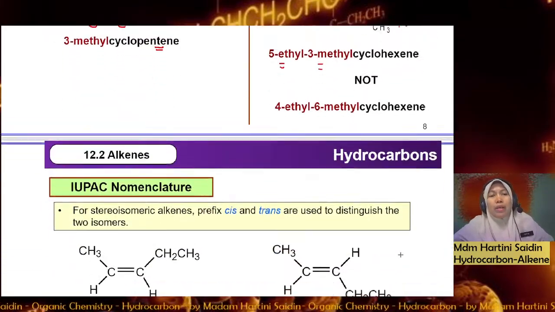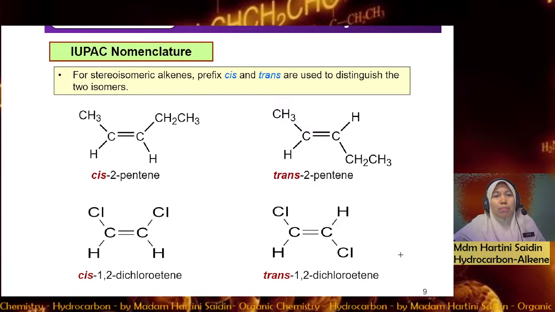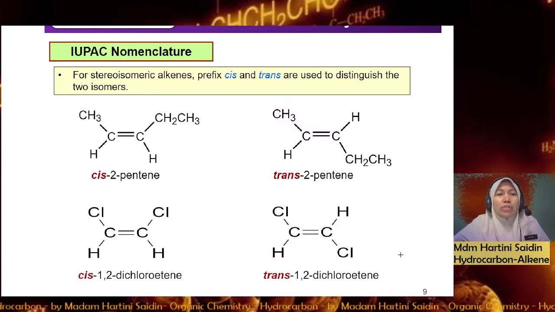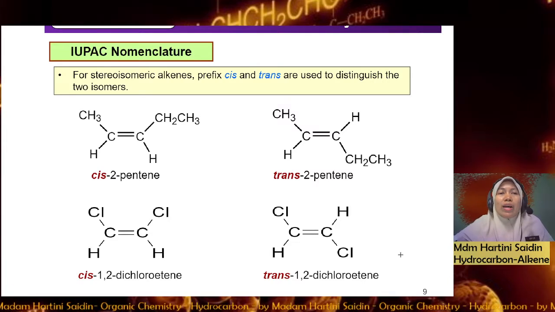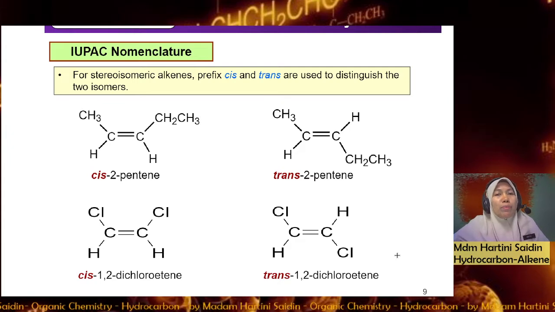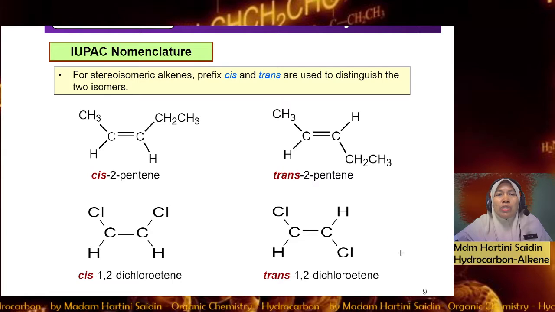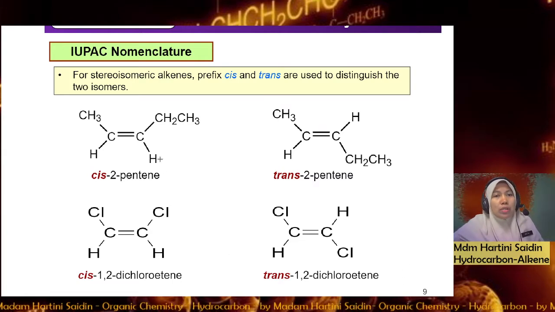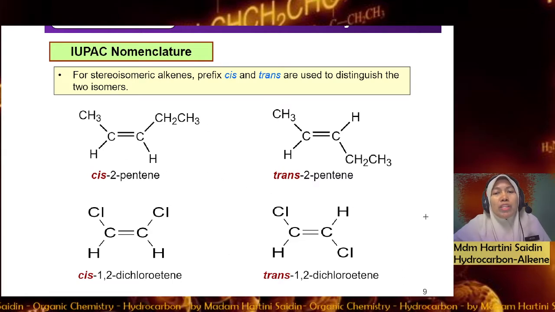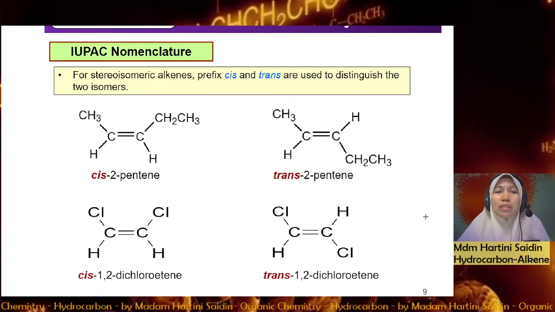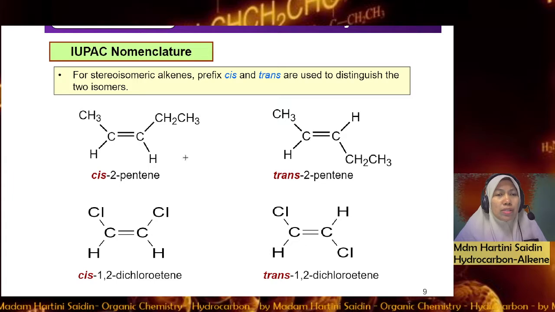Okay. Now we go to the next part, which is for stereoisomeric alkenes with the prefix cis and trans are used to distinguish the two isomers. Okay, so this one pun kita dah belajar secara detail in topic Introduction to Organic Chemistry. So this is a cis structure.